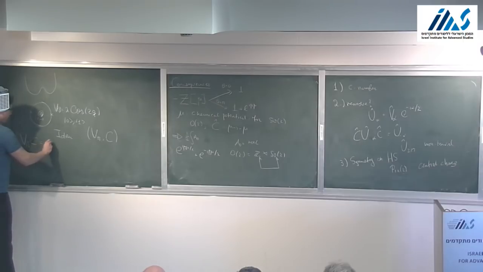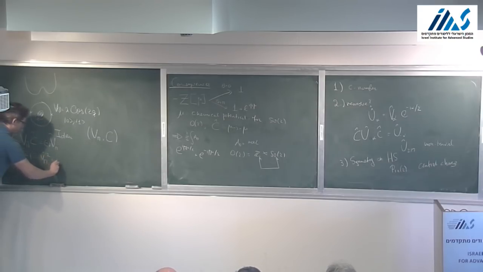What you find, and this is the crucial thing, is the minus sign: V pi squared and C squared, these are all operators on the Hilbert space, and V 2 pi is 1, and V pi squared is 1. Okay, so that's what you find if you simply specialize the previous results for these two generators.